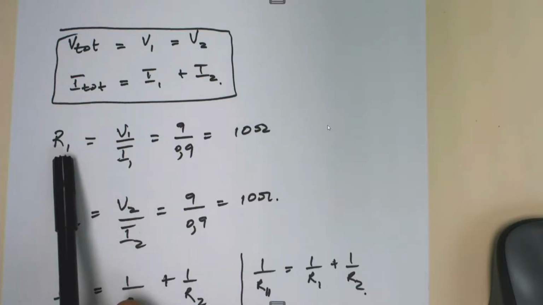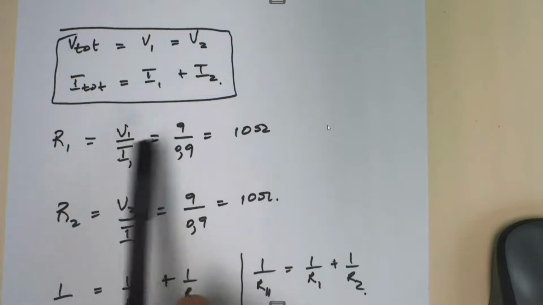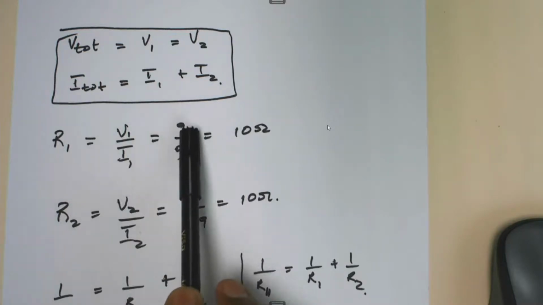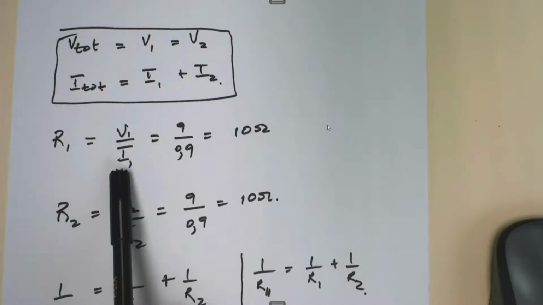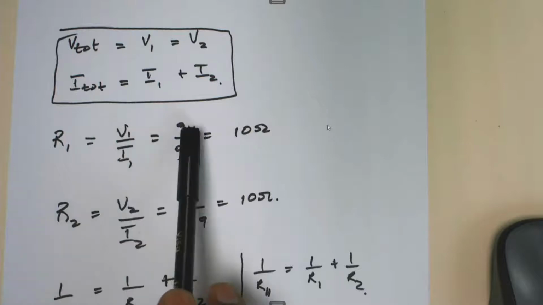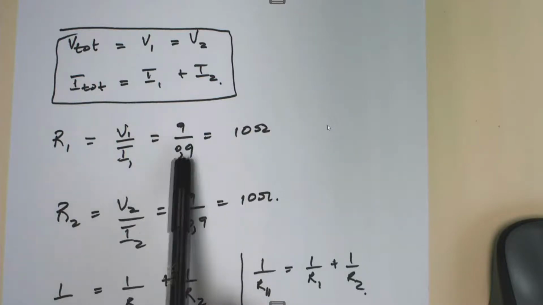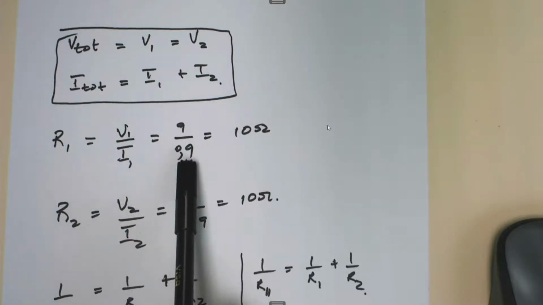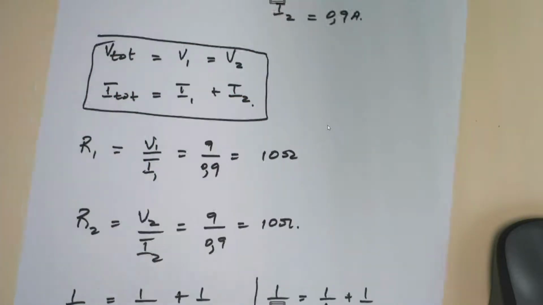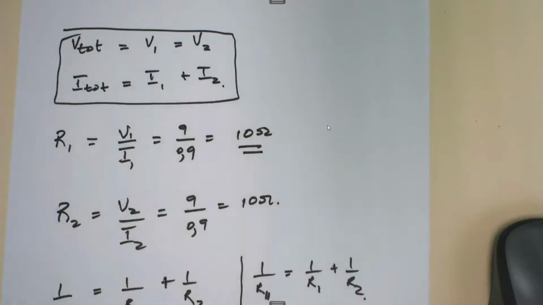R1, I think the figures here are very good. V1 is 9 volts. The voltage across R1 is 9 volts. The current through R1 is 0.9 amperes. Therefore, by Ohm's law, the resistance of R1 is 10 ohms.